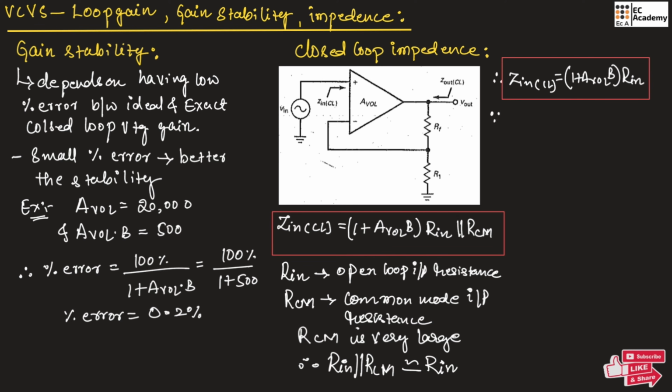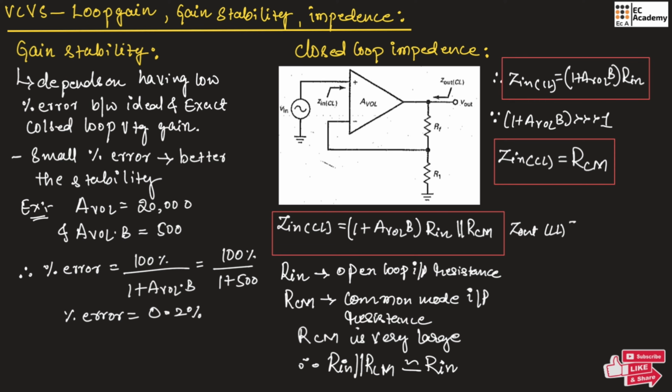We know that 1 plus AVOL into B should always be very much greater than 1. So in this formula, if we make this term very much greater than 1, in that case we can write Z in closed loop is equal to RCM.